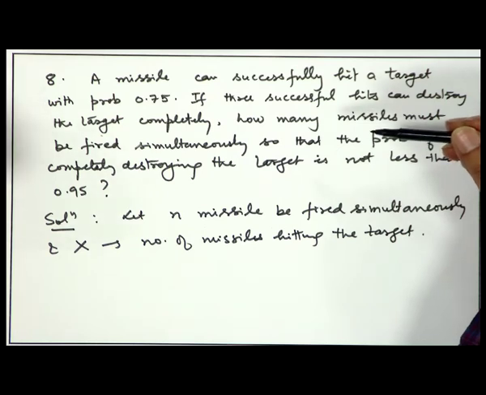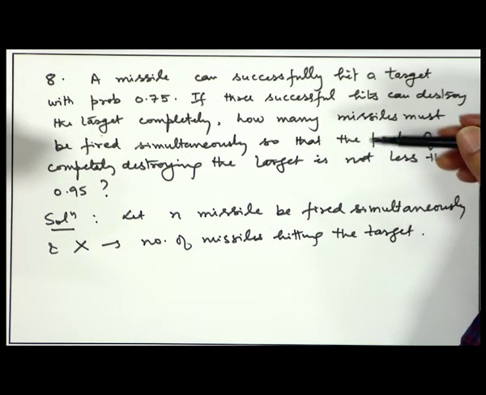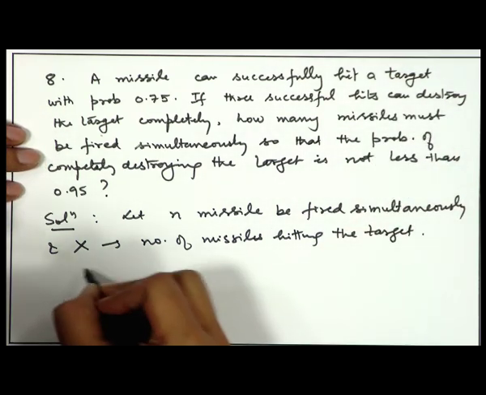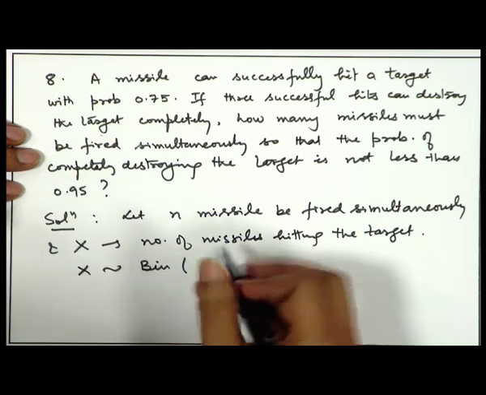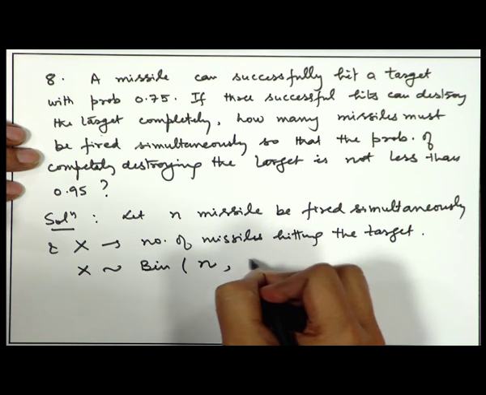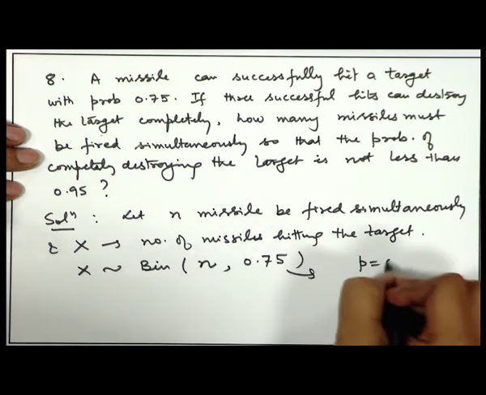Each missile can hit the target or it may not hit the target. So, it becomes a Bernoulli trial, performed independently, with identical probability of success 0.75. So, if x is the number of successes, then x will have binomial distribution with n and p equal to 0.75.